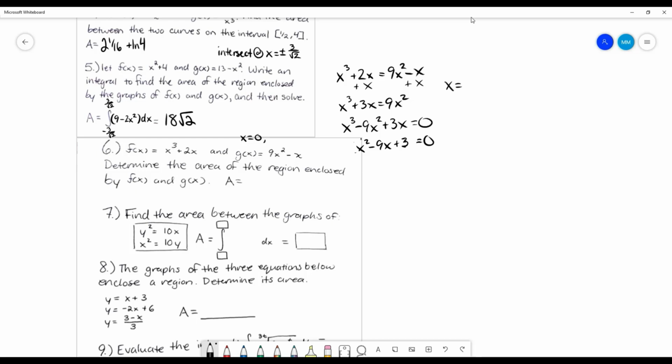So x equals negative b plus or minus the square root of b squared minus 4ac over 2a. So that's 9 plus or minus the square root of 69, which is a little bit bigger than 8. I don't know exactly what that is.